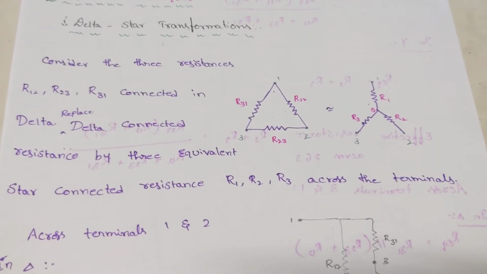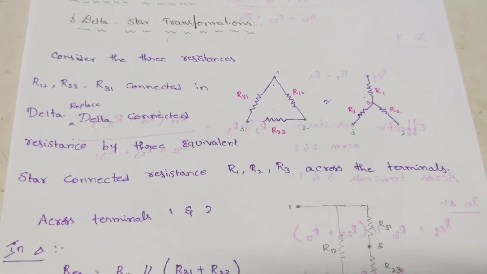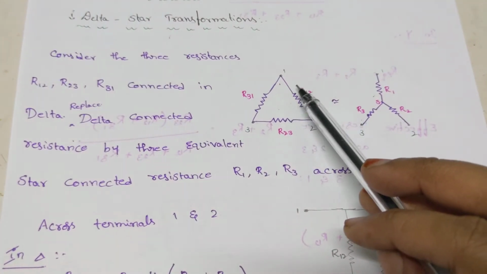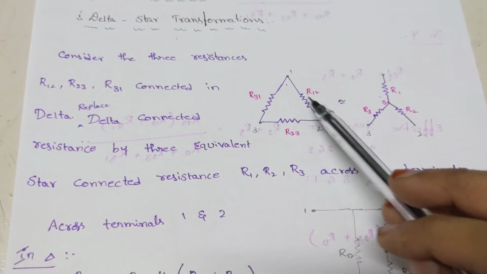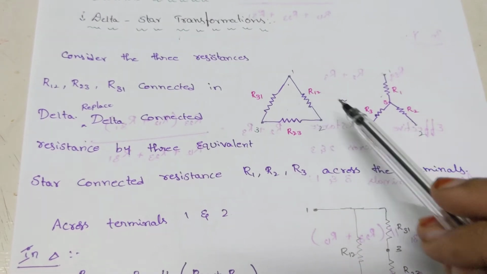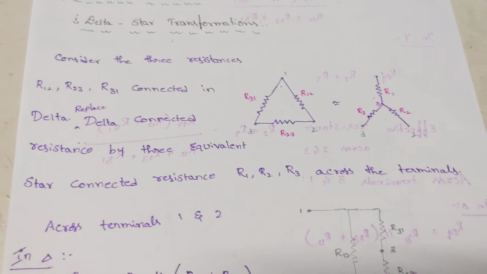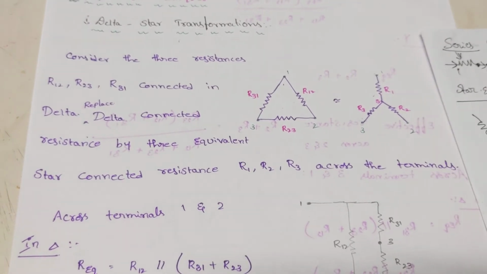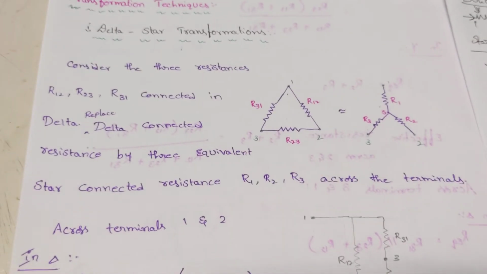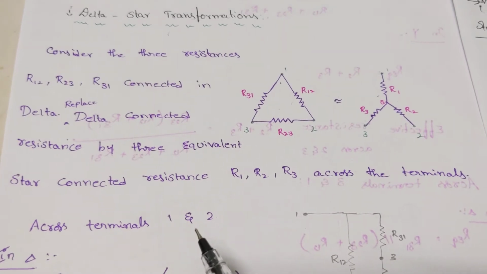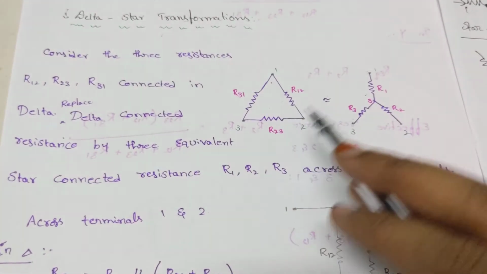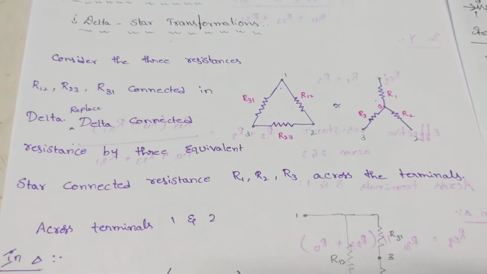Now I want to know what is the value of this R12 in terms of star. Right now we are going to see what is the equivalent resistance R12 between the nodes in the star.